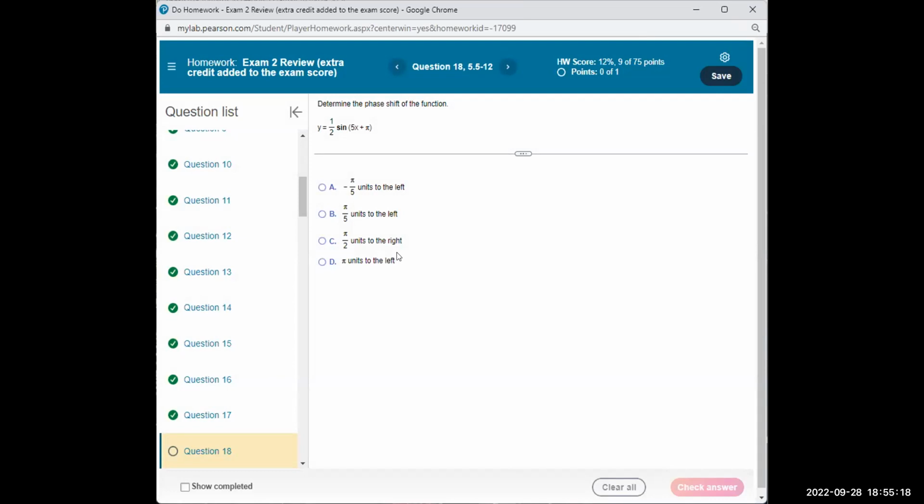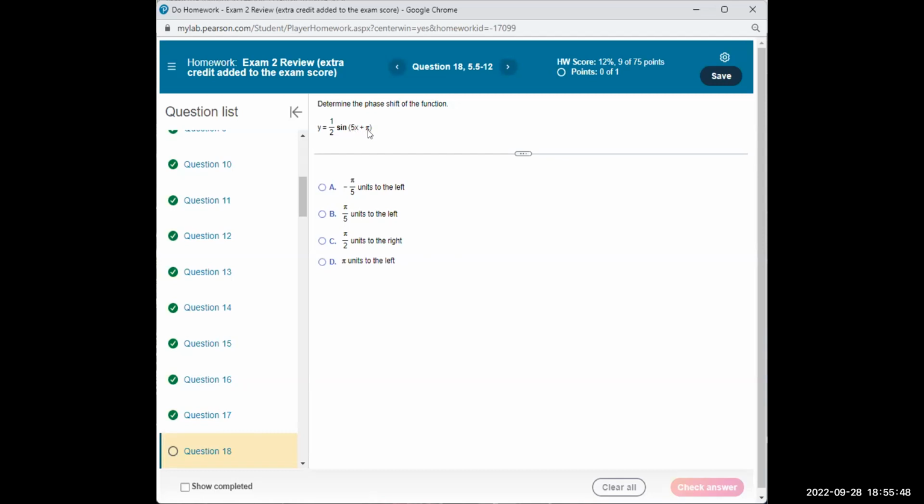Okay, in this question, we are asked to find the phase shift of the function. And the phase shift is found by taking this constant here. And you're actually going to take the opposite sign. So it's going to be minus pi divided by the b, which is the constant in front of the x.